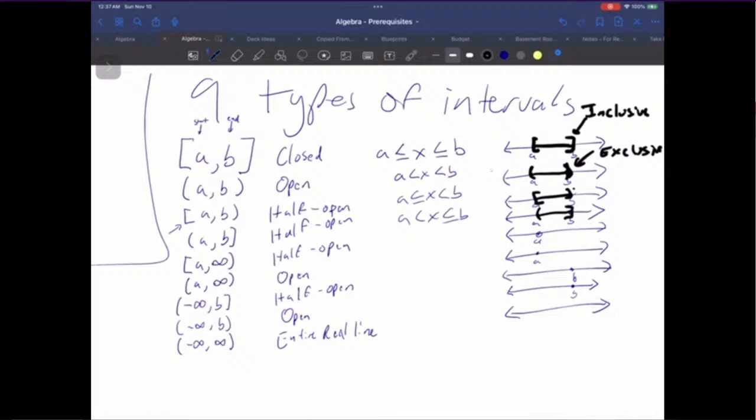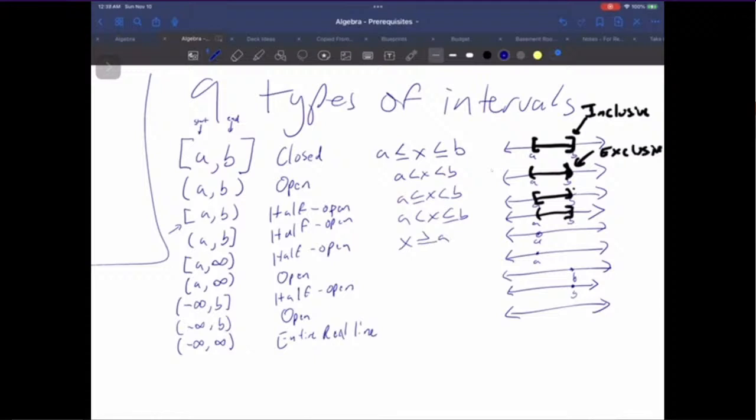Okay, and now we start with the infinite ones. You don't need to write infinity as part of the inequality here, because what you're saying is that x is just greater than or equal to a.